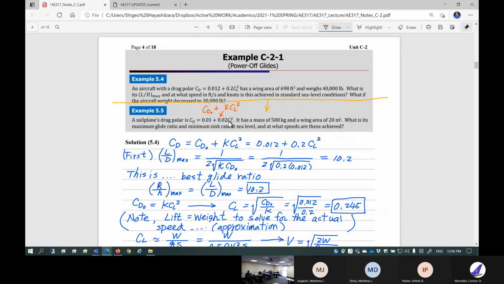So let's assume that we have a drag polar of a sailplane, which is given here. It has a mass of 500 kilograms, and wing area is given as 20 meters square. What is its maximum glide ratio and minimum sink rate at sea level? At what airspeed are these achieved?